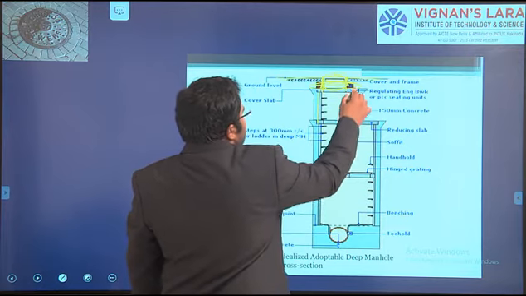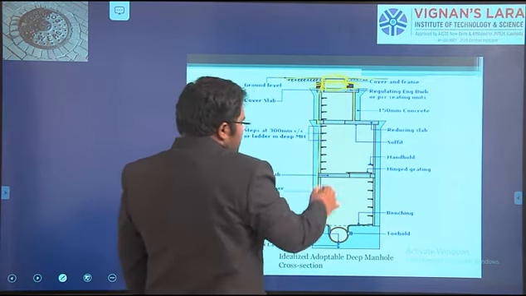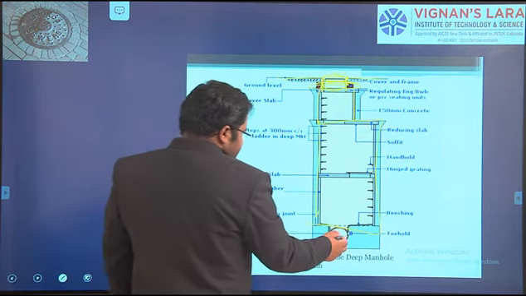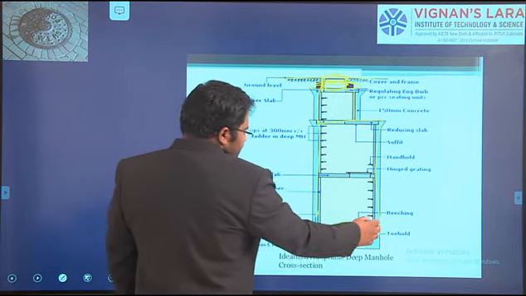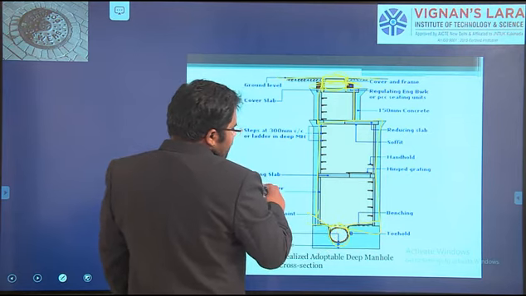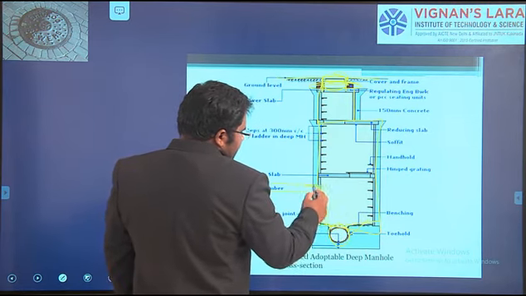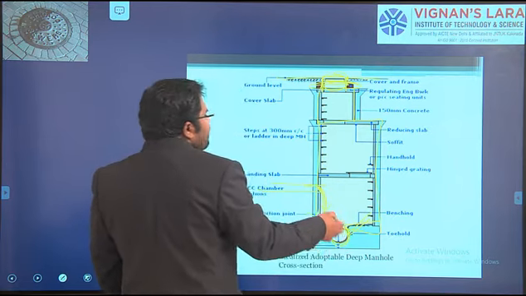Then this is the access shaft. This is the working area. Here we can see the sewer. We have some inverted portion here where, when another sewer line joins, the sewage will come and fall and enter into this.